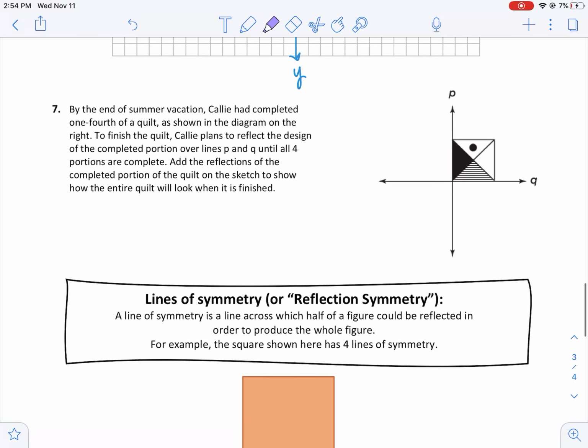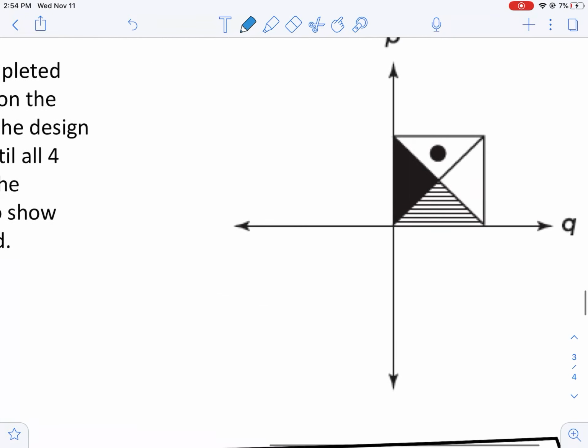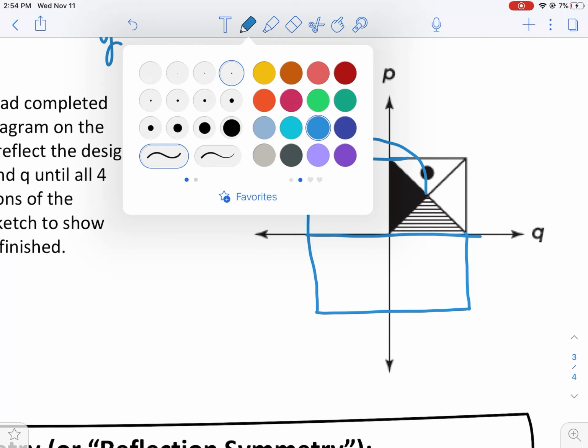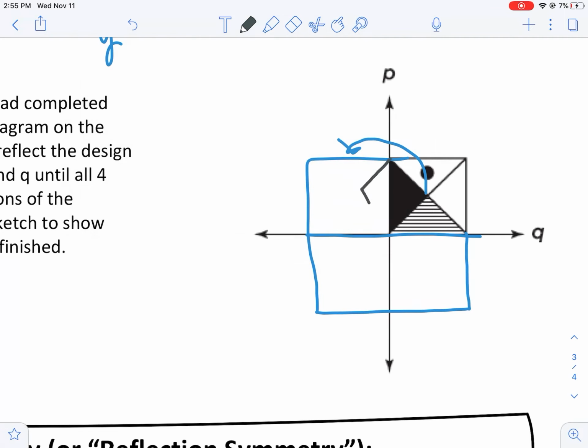Next one. This is more of a creative task. It's asking us to fill in the other 4 corners of this quilt. If I reflected this piece over line P, I would see that there would be a black triangle here to reflect the black triangle on the given section.